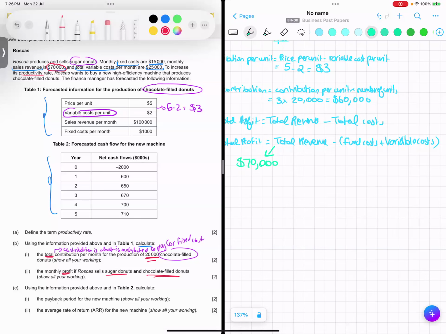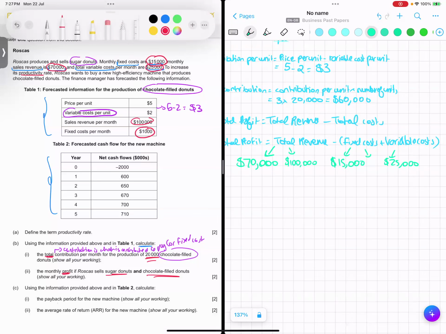Okay, the fixed cost is 15,000. So here we put 15,000. Okay, the variable cost is 25,000. So here we put 25,000, right? And then for the chocolate filled, it's all in this table. So we have sales revenue is 100,000. Okay, we have fixed cost is $1,000.